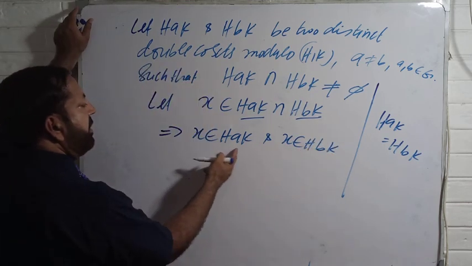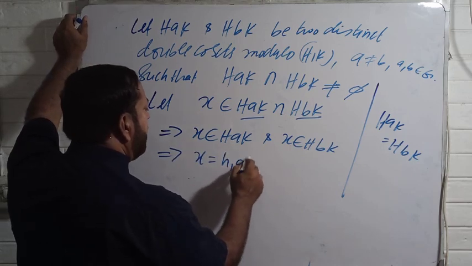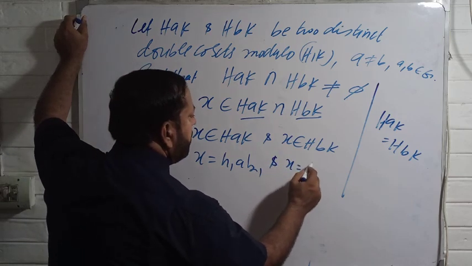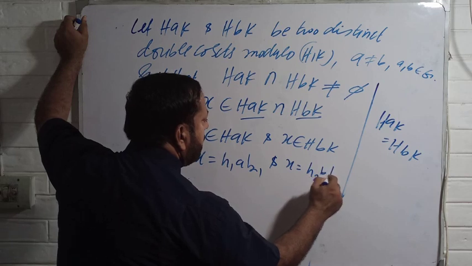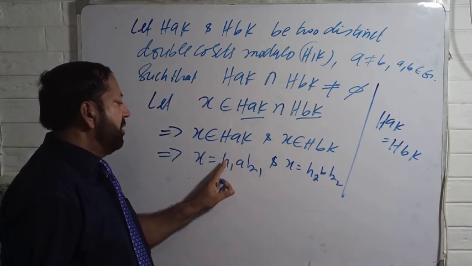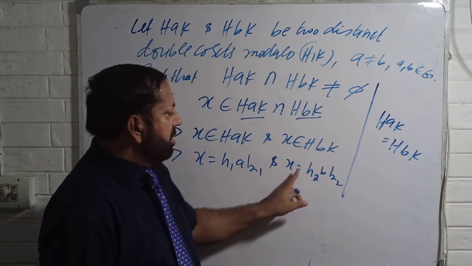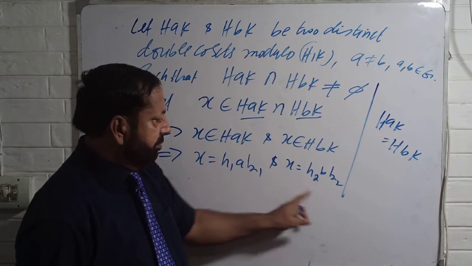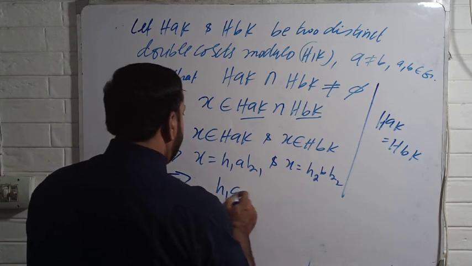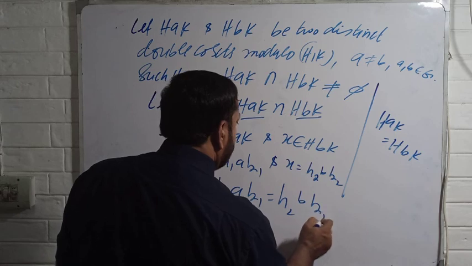If this is an element of HAK, then X would be equal to H1AK1, and X would be equal to H2BK2, because if X is from HAK, its form must be H1AK1, and if it is from HBK, its form must be H2BK2. Since both are the values of X, H1AK1 is equal to H2BK2.